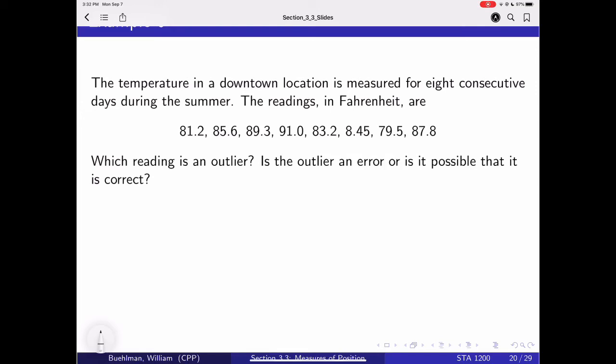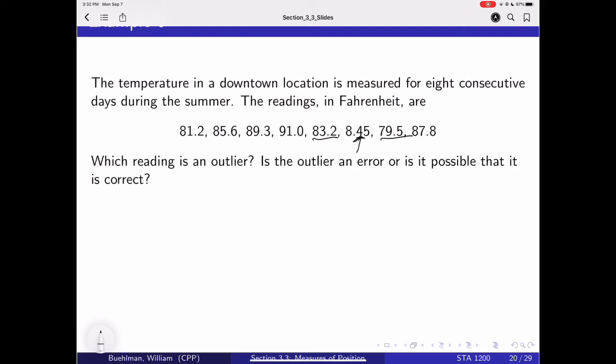So we have to think about the context here. This is summer, and we know temperatures are somewhat related, so they should be fairly close to each other, and there shouldn't be all of a sudden an extreme gap. So here we have 83 and 79, but in between them we have 8.45. That is very cold when compared to 83 and 79.5.